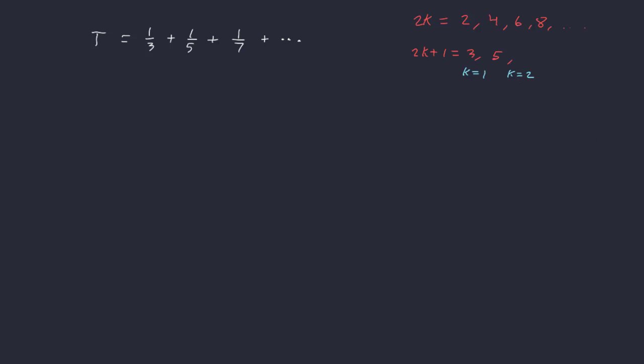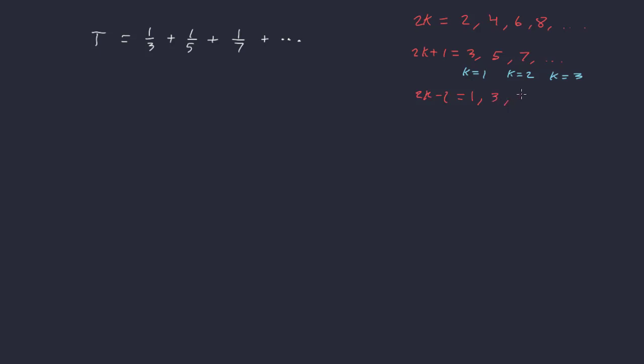And when you put in k equals 3, you get 7, etc. If you wanted to start at 1 instead of 3, there are a couple of things you could do. One, you could start at 0, so you get 0 plus 1 is 1. Or you could look instead at 2k minus 1, which would start you at 1.